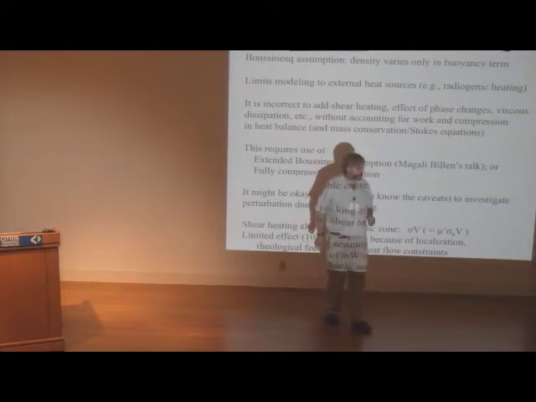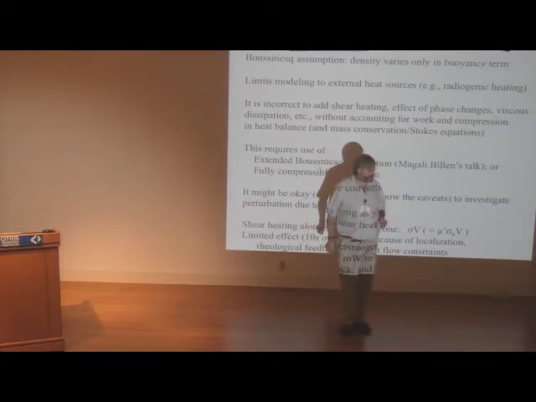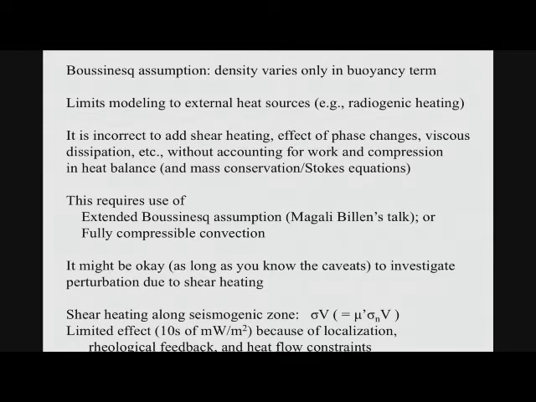Jeff? So I think I get what you're saying, but can you explain a little bit how the problem has to do with compression and what's essentially a shear? There's a mechanism where you're doing work in shear, but both shear heating and viscous dissipation, where viscous dissipation is distributed, are essentially an expression of the inefficiency of converting heat into mechanical work. It is the second law of thermodynamics. The Boussinesq assumption is ignorant of the second law of thermodynamics.